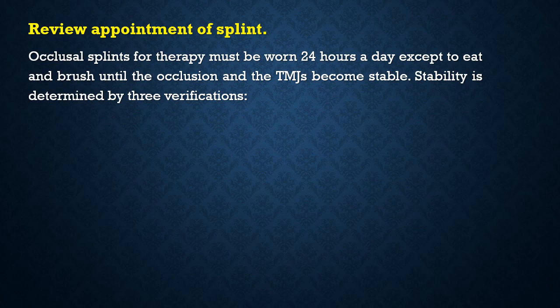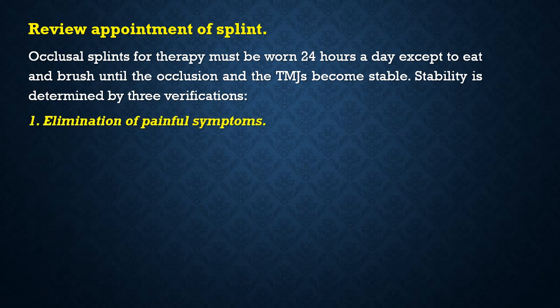Well, the review appointment of the splint. Usually the occlusal splint for therapy must be worn 24 hours a day except to eat and brush until the occlusion and TMJ become stable. And stability is determined by 3 verifications.